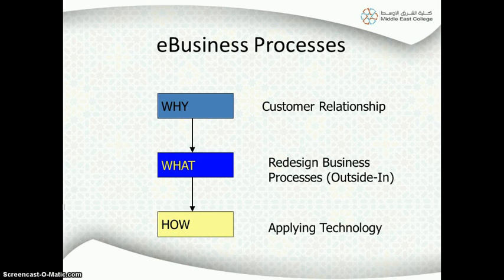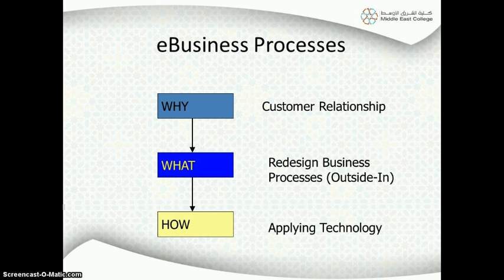Then how you can improve the distribution of products and services utilizing the best standards on the subject. So you have to redesign your business processes, and at the end, how you can visualize the new technology capabilities will help you, and how to make it happen.